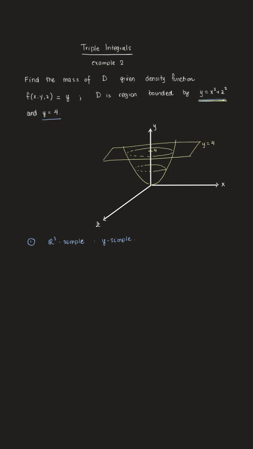So if we are choosing y simple, the first thing we need to do is enclose y between two surfaces. And so in our diagram, you can see that y will be less than or equal to 4, but greater than or equal to x squared plus z squared.